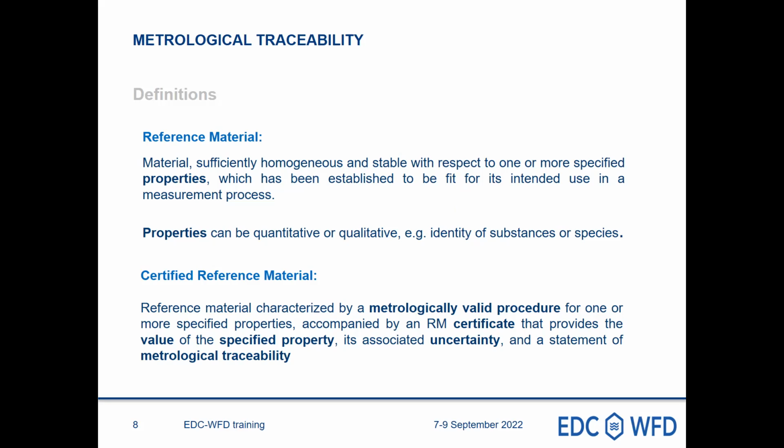So one key message is, it is not because a material is sold with a certificate that it is a certified reference material. The key difference is the metrologically valid procedure and the traceability to the SI. It is a big difference.